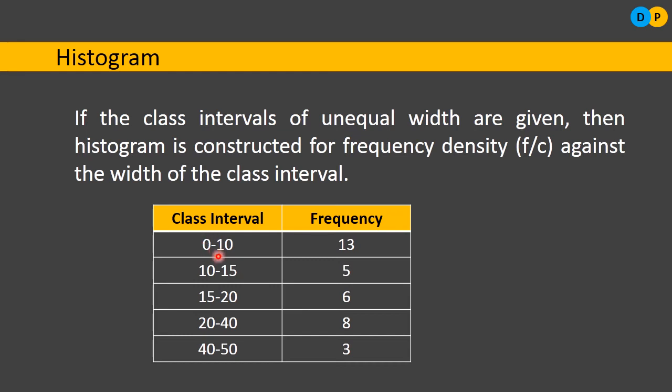Here it is 5, here it is 10, here it is 5, again 20, here again 10. So the width will change, and each rectangular bar will be of different width. Some of them will look slimmer, some a little bit heftier. This is how we construct a histogram if the class intervals are unequal.